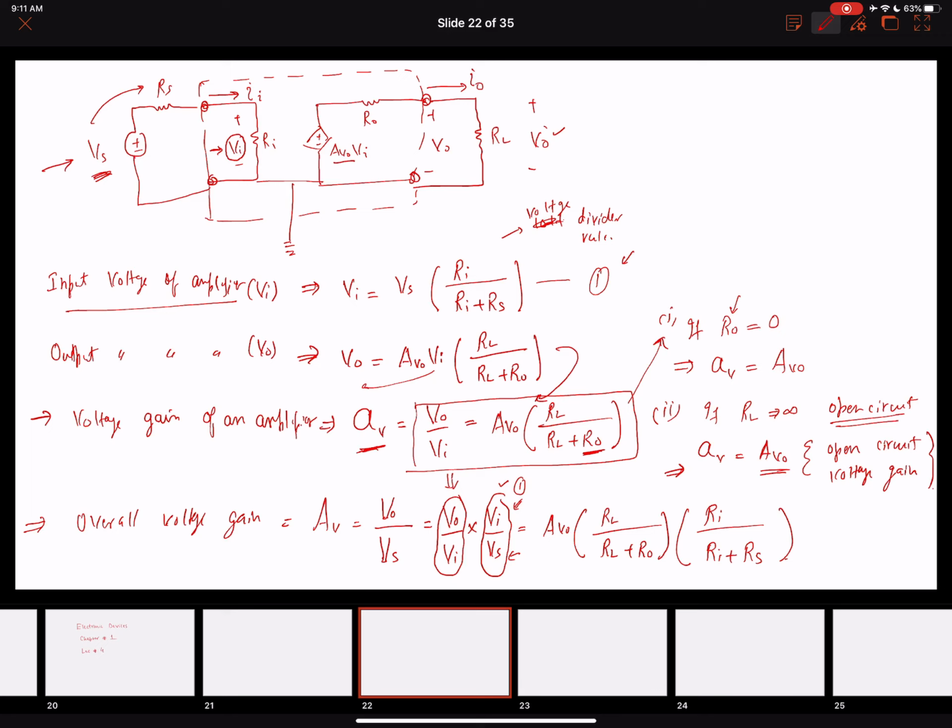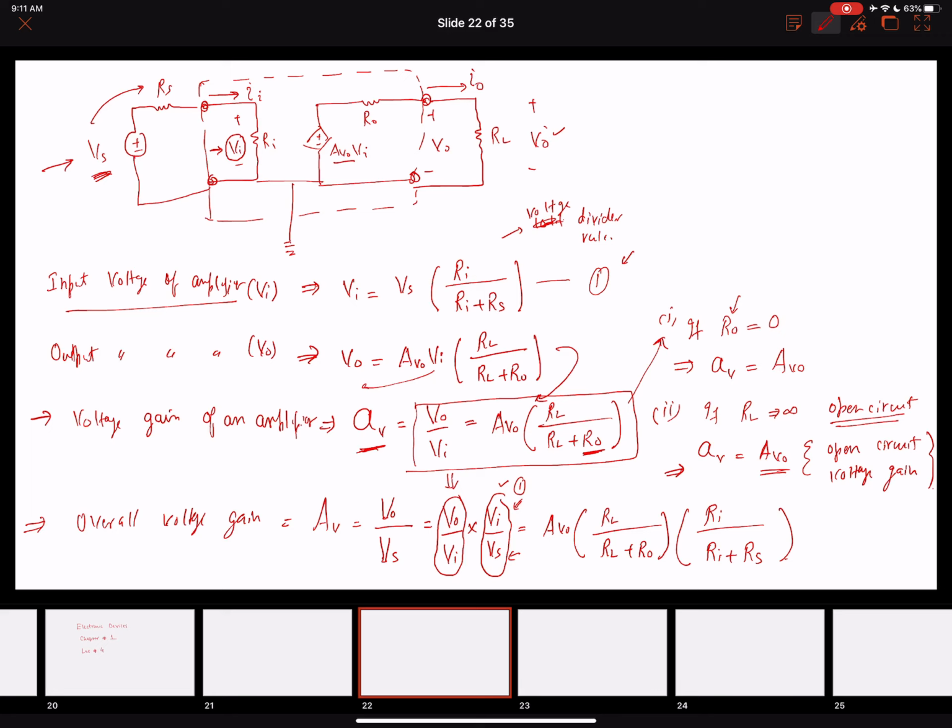Please understand and memorize this difference. There are essentially 3 types of gains. The first type is the open circuit voltage gain, which is the gain of the amplifier when no load resistance is connected.